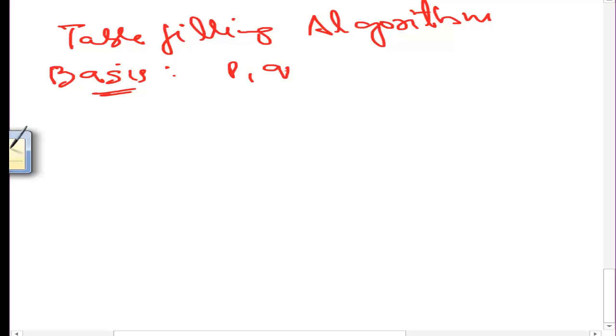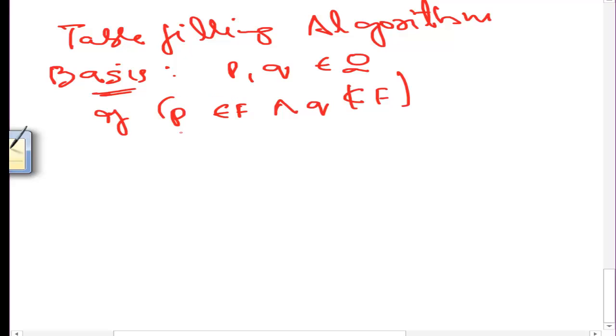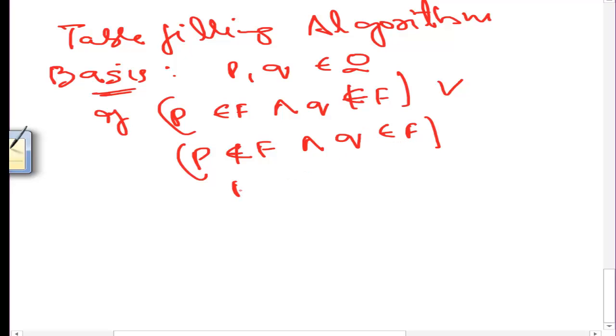If we have two states, say P and Q, belonging to the set of states Q, and P belongs to F, so P is a final state and Q is not a final state, or vice versa, P does not belong to F and Q belongs to F, so one is a final state and the other is not, then we say that P and Q are a distinguishable pair of states.